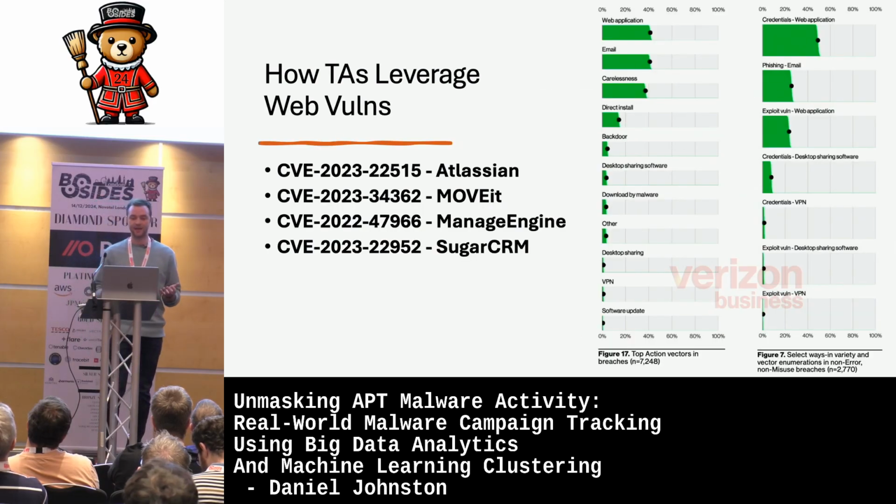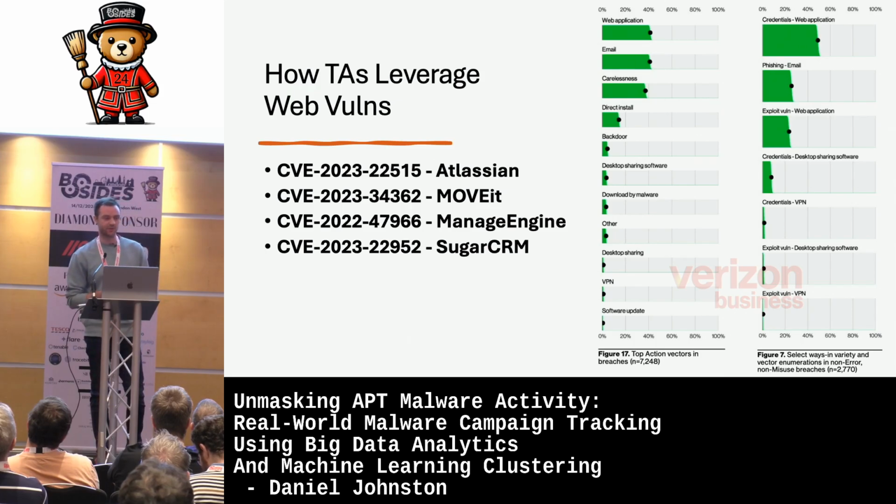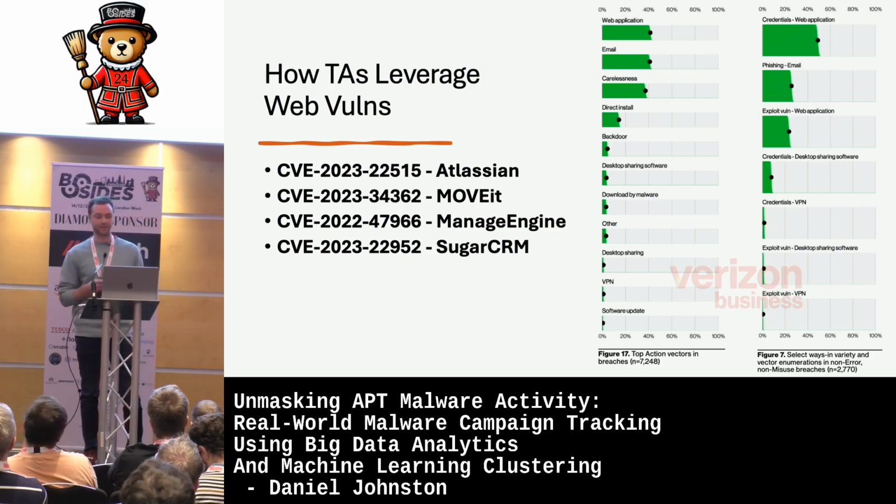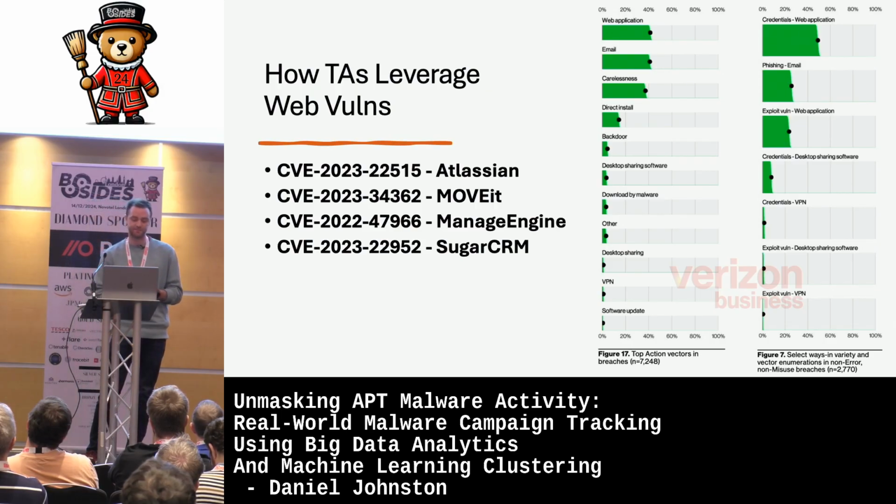In a report published by Verizon Business, their Data Breach Investigations Report, they outline just how important a target web applications are for threat actors. About 40% of the top action vectors in data breaches can be attributed to web applications. Furthermore, in non-misuse or non-error breaches, over 20% of these breaches can be attributed to web vulnerability exploitation.